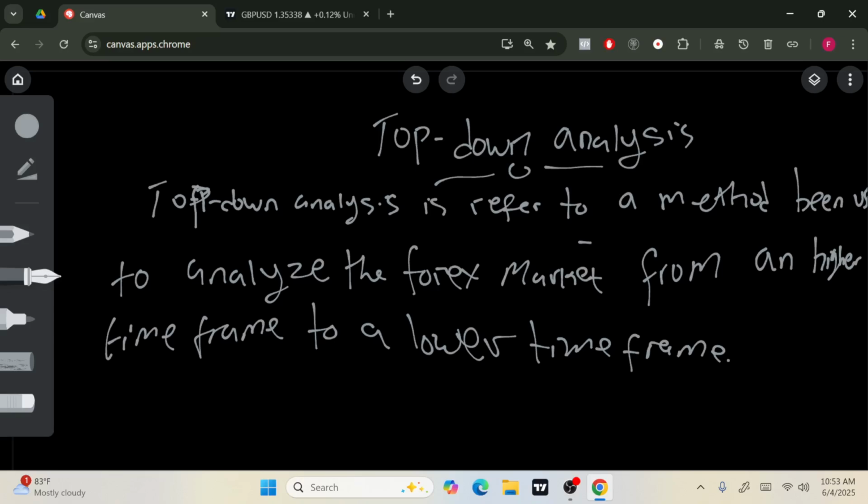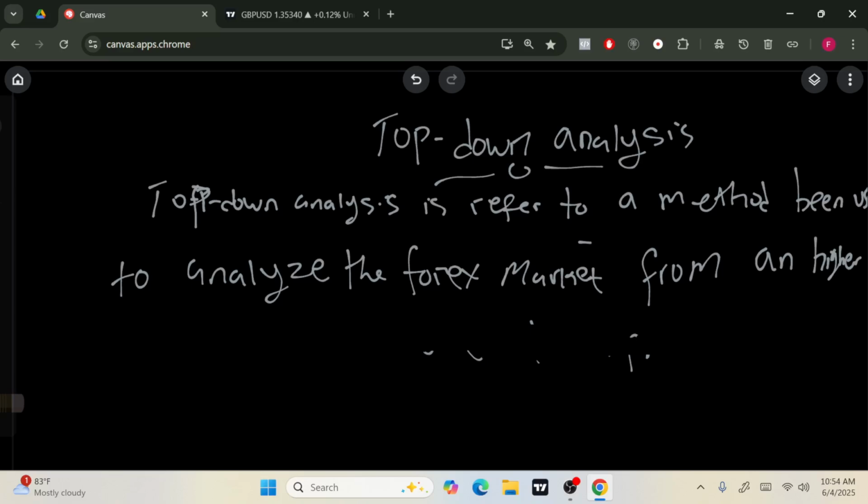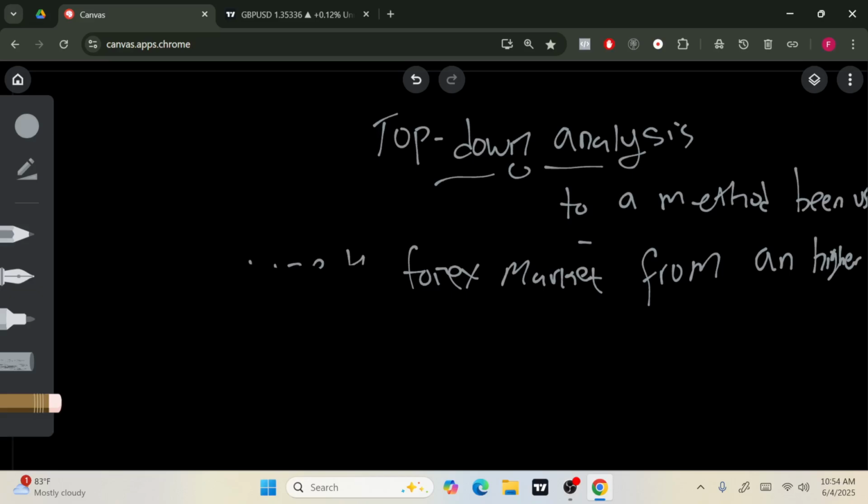Now, things to look out for within your top-down analysis are: number one, multiple time frame analysis. And when we talk about multiple time frame analysis, it means that you are analyzing on each time frame.